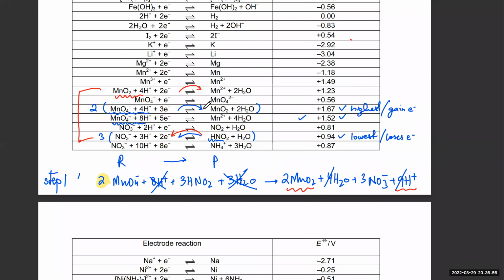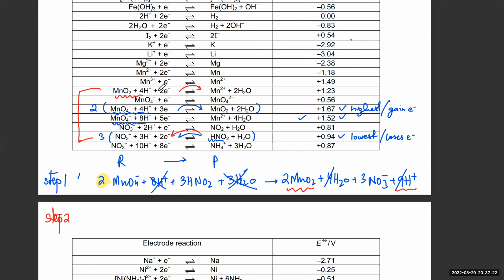So once the first step has happened, you have acidified MnO2, you have H+1, and that will again further react with nitric acid. It's going to be the lower potential, so it's going to lose electrons again. At this point, there's going to be a second step, so I'm going to draw step number 2 now.